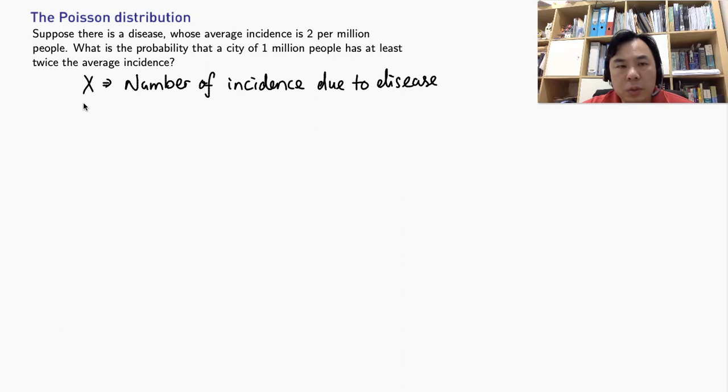So all Poisson distributions can be represented using these notations here. Now it has a lambda, which represents the average incident per million people in this case. The lambda given here is 2 incidents per 1 million people. So maybe I can write down here just as a reminder, 2 incidences per 1 million people.